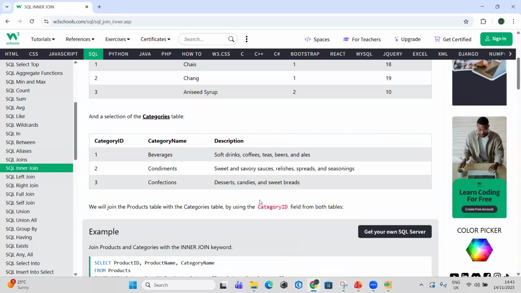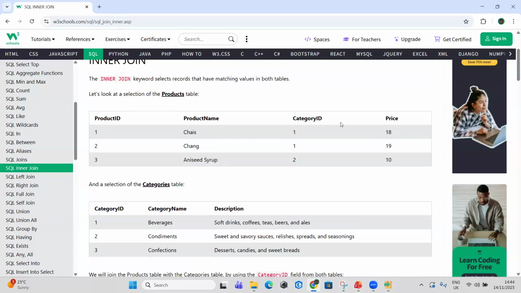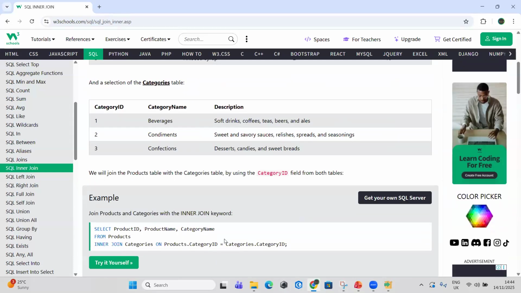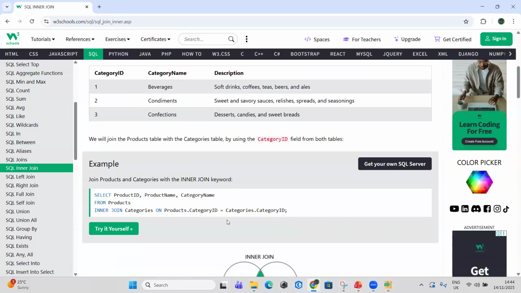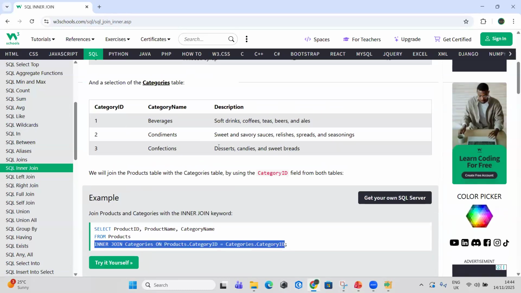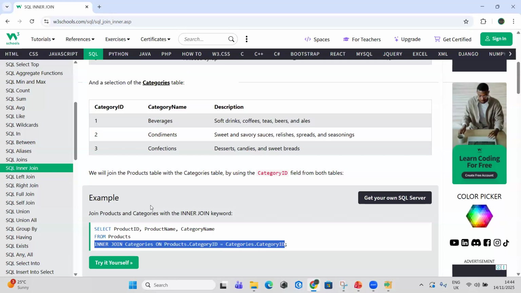Now what happens is I create an inner join between products and categories on products dot category ID is equal to categories dot category ID. So this will create a new table which has both.